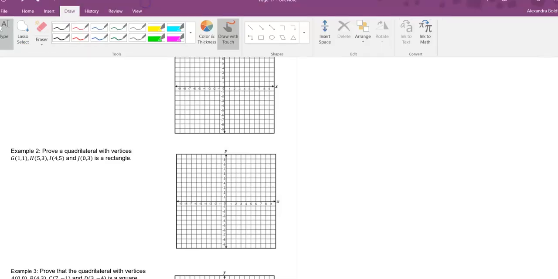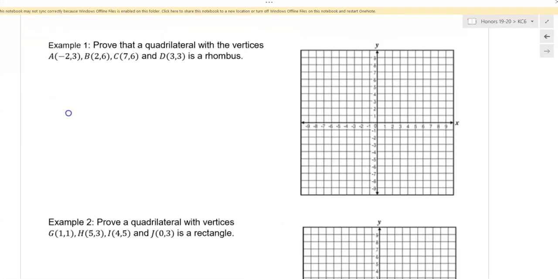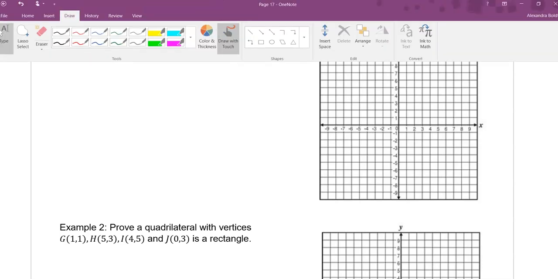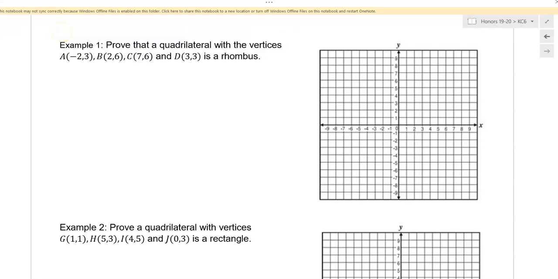So prove that a quadrilateral with the vertices A(-2, 3), (2, 6), (7, 6), and (3, 3) is a rhombus. So (-2, 3), (2, 6), (7, 6), and (3, 3).